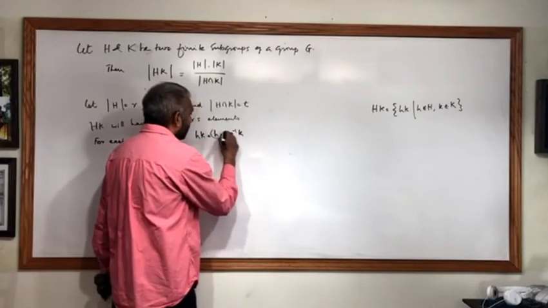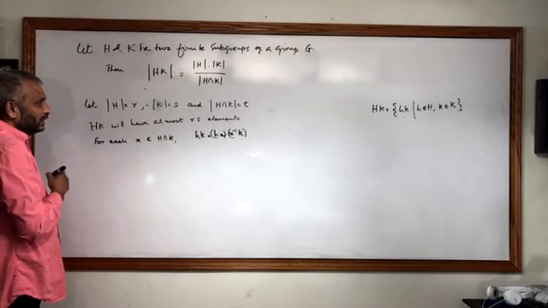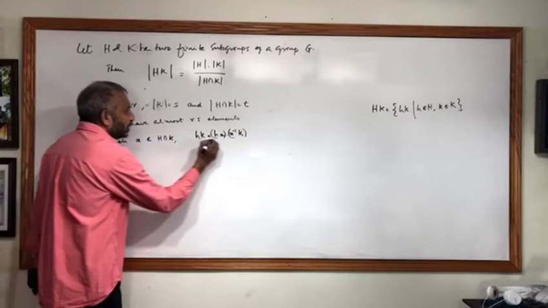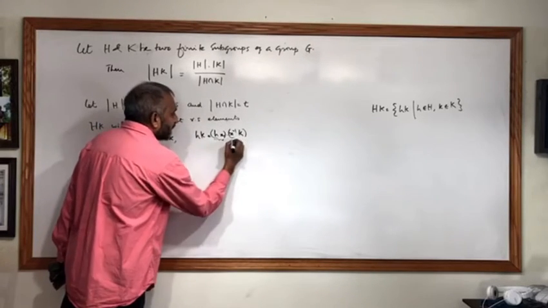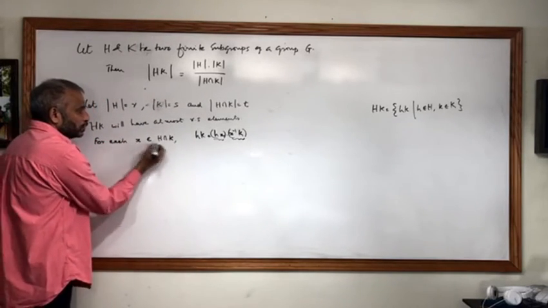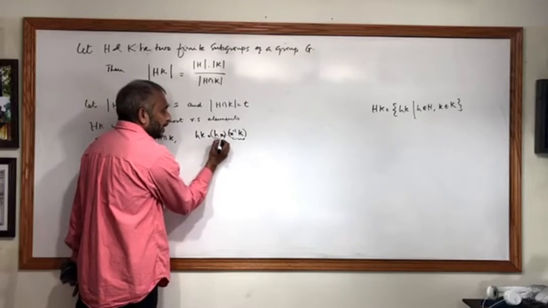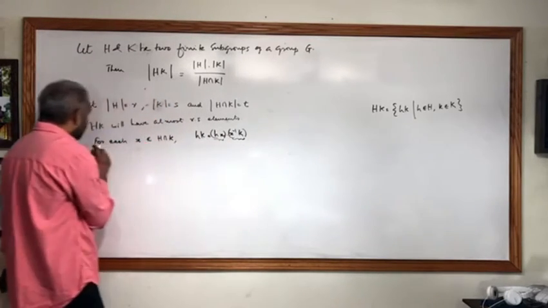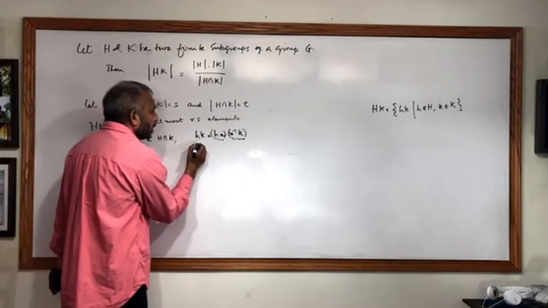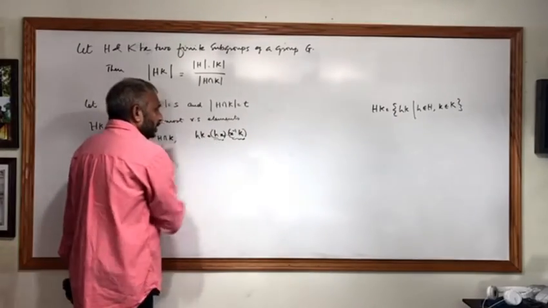That is because this x belongs to H, so this is in H and this is in K, because x belongs to this, and this could be H itself. In that case, x is e. But for each x in H intersection K, you can write any element here like this.